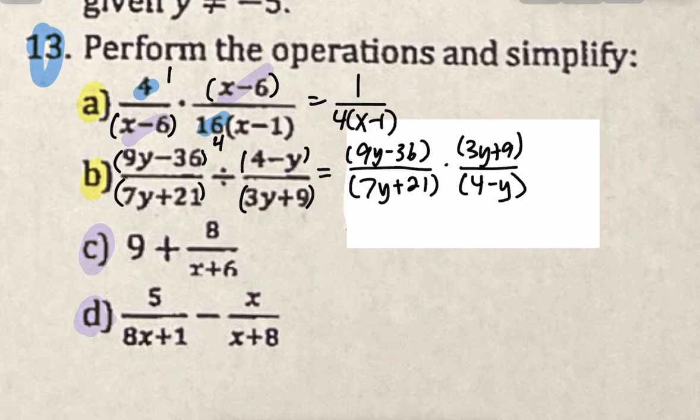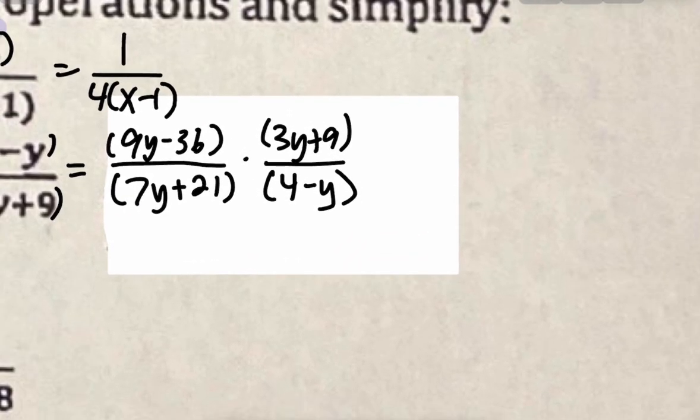Okay. Now, in order for us to do what we did in part A, we have to get B in factored form to get things to simplify nicely. So let's factor that as much as possible.